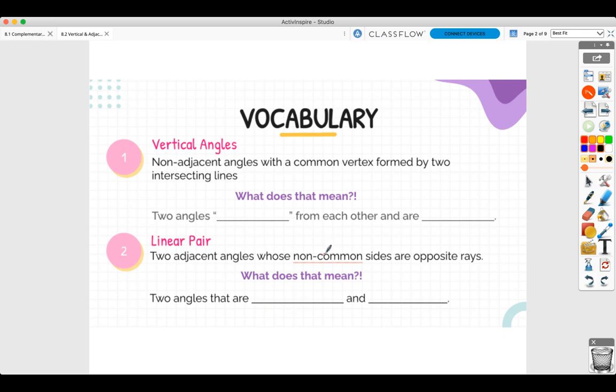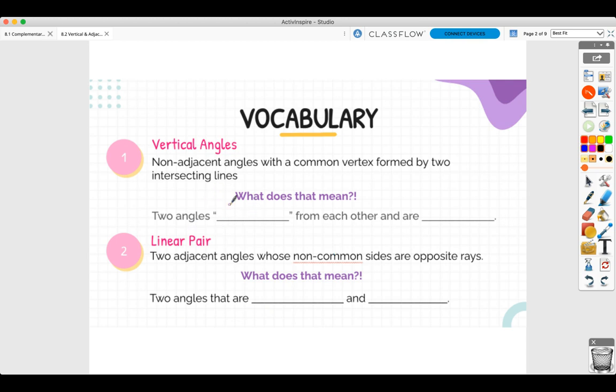So vertical angles are non-adjacent angles with a common vertex formed by two intersecting lines. I think, in my opinion, in all of geometry, this is the most confusing official definition. Okay, what does it actually mean?